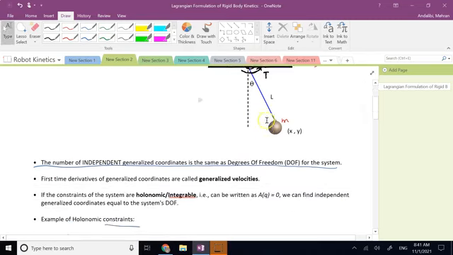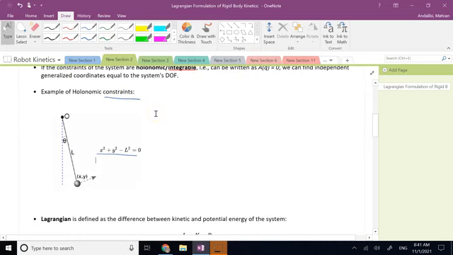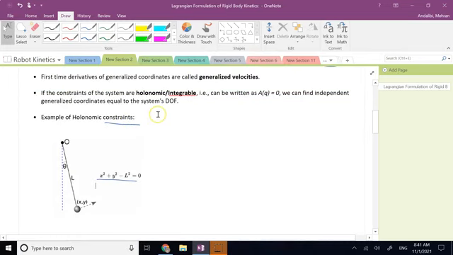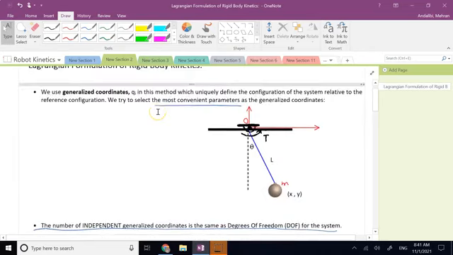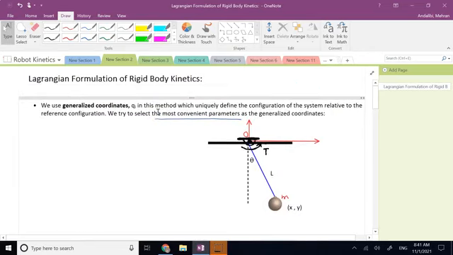Because incorporating constraints into the equations of motion or Euler-Lagrange equations needs some further calculations.